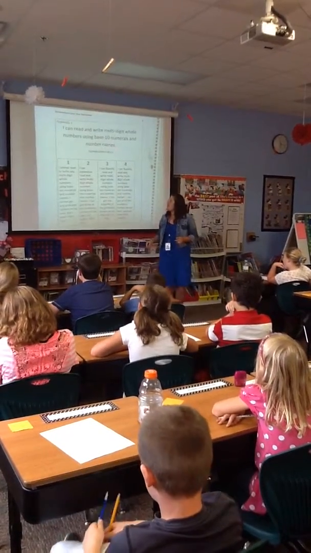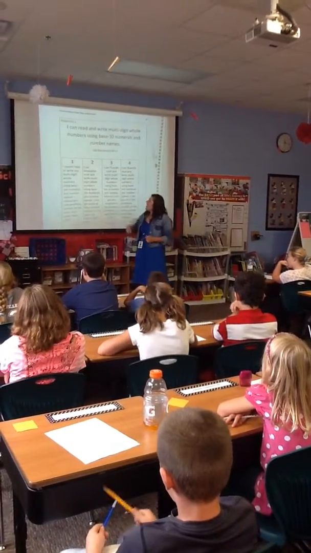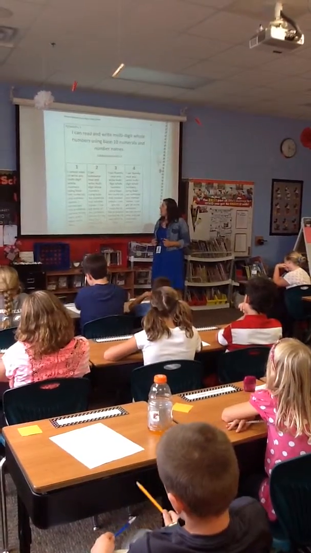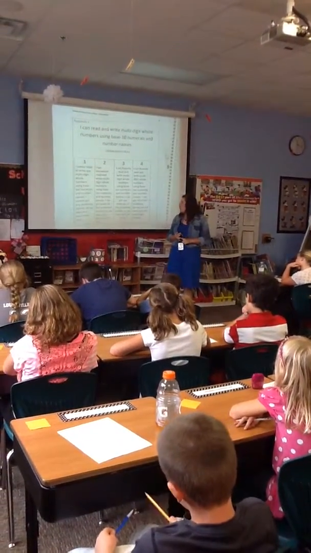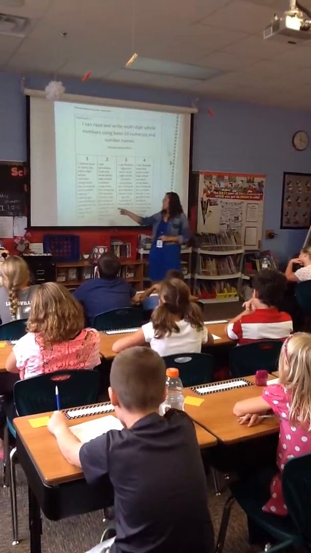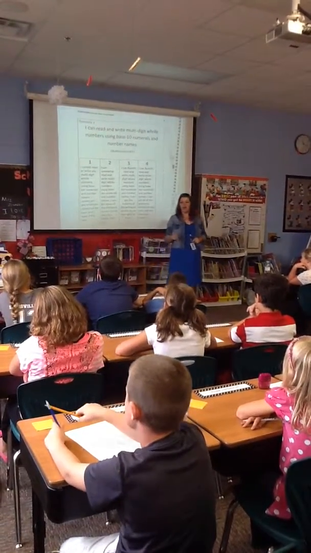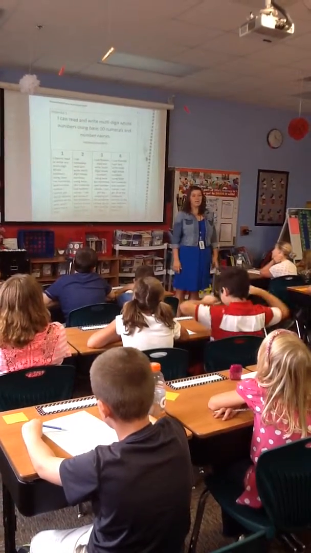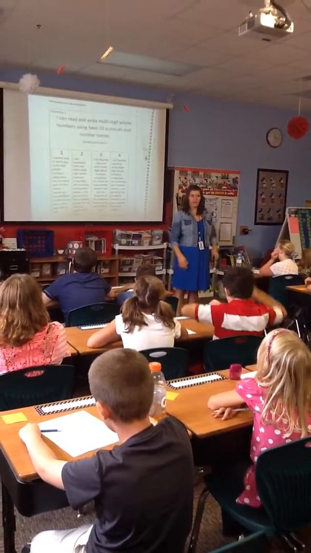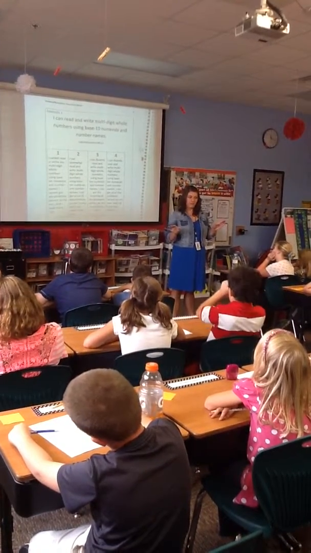So a 1 says, and this is right on your paper too, I cannot read or write any whole number in standard form or in word form. It also says I cannot get any problems correct on my own. So that means right now if I was to give you a worksheet, you probably wouldn't get any problems correct because you have no clue what I'm talking about.